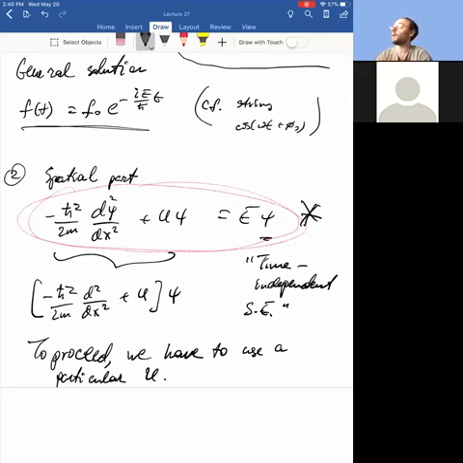If we're solving some kind of a scattering, we have to use the U that describes that scattering, and so on. So the physics is in the time-independent Schrodinger's equation.